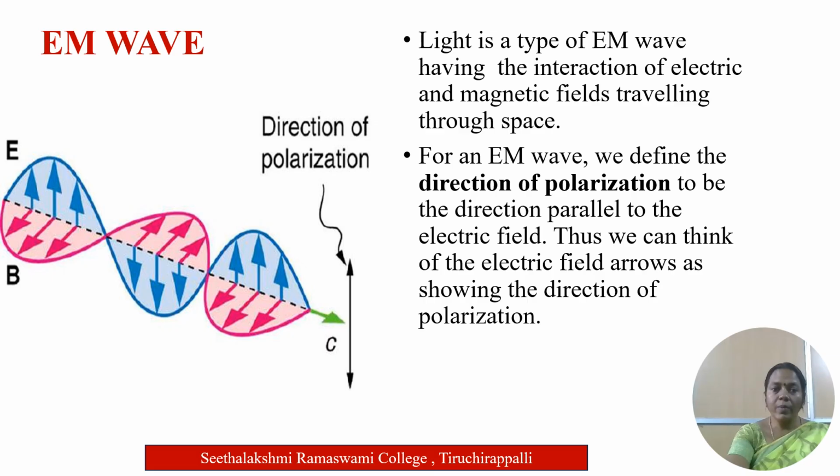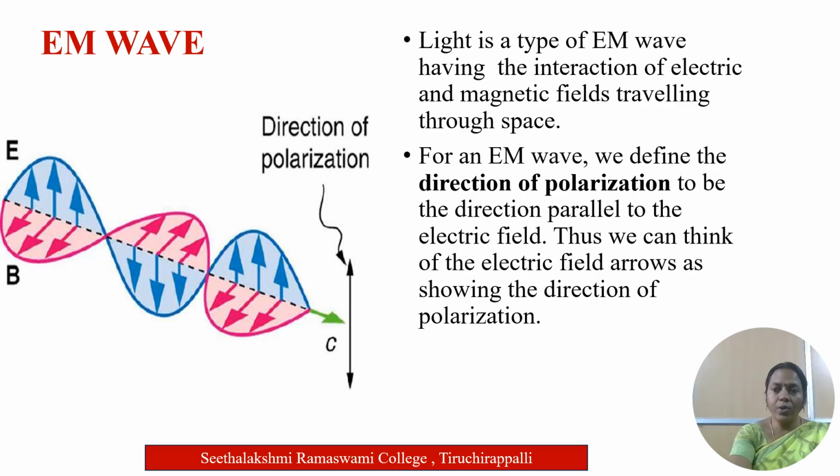Now, coming to the electromagnetic wave spectrum, the electric and magnetic vibrations of a light wave occur perpendicular to each other. This figure shows light, which is a type of electromagnetic wave, with the interaction of electric and magnetic fields traveling through space. For an EM wave, we define the direction of polarization to be the direction parallel to the electric field.